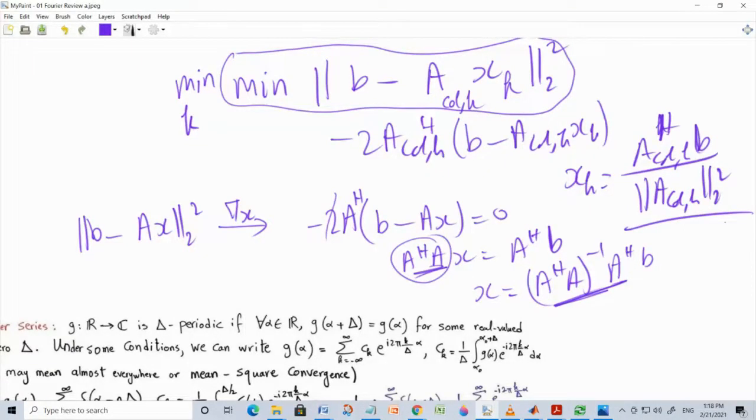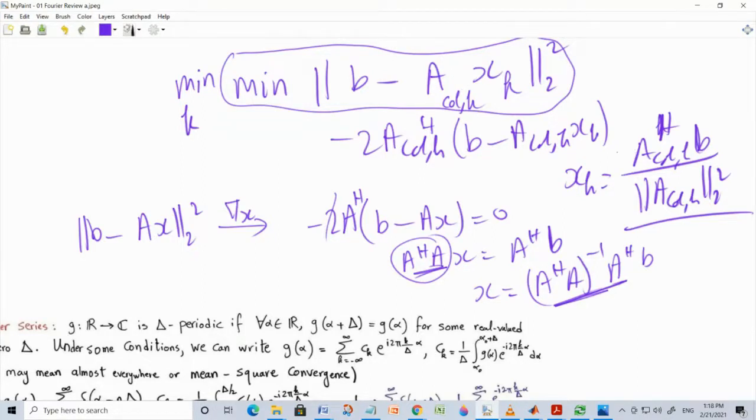That's again a very explicit formula: you take the inner product of the kth column with b, and then you scale by the L2 norm squared of the column. So this is a special case of the result in part A, if your matrix is effectively just one column.